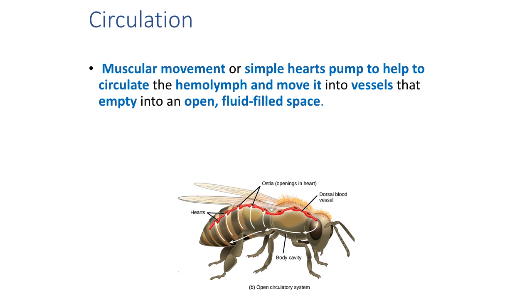Sometimes muscular movement is also adequate to help move the hemolymph around. And once again, these are open spaces where you have to bathe all of the cells in the hemolymph to help carry nutrients in some organisms, and then nutrients and oxygen in others. And so we have to keep moving it around and circulating it to make sure that it's reaching all of the cells.